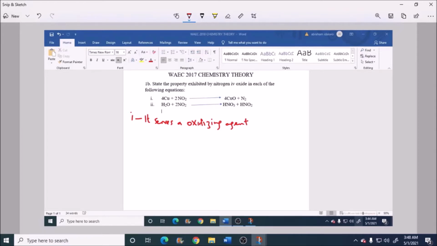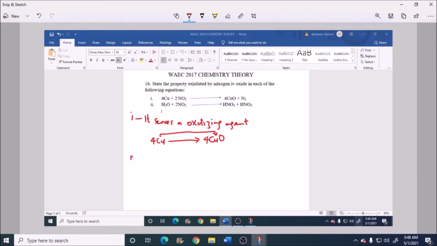Then we can see from the equation we have 4Cu giving 4CuO. So the nitrogen 4 oxide we have in here serves as an oxidizing agent.